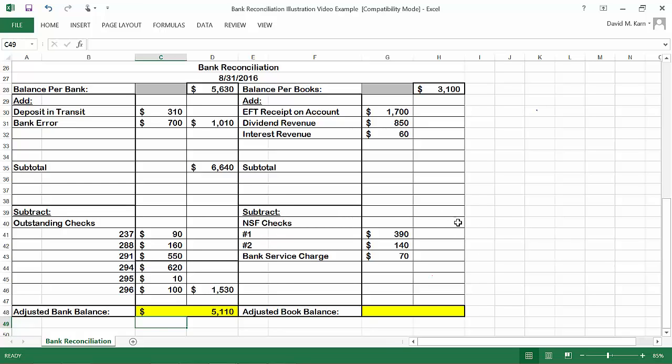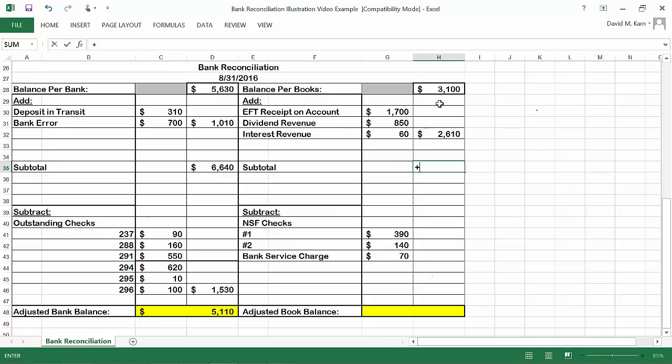Okay, so let's see how this other plays out over here. We have a total here of 1,700 plus the 850 plus the 60. That would yield to us total additions for the book side of 2610.